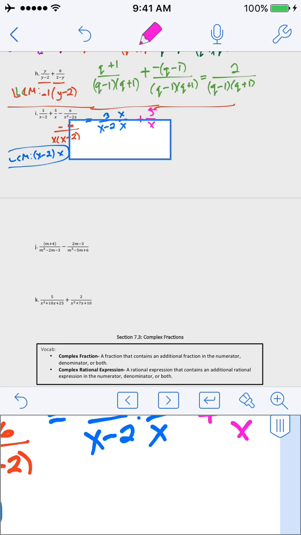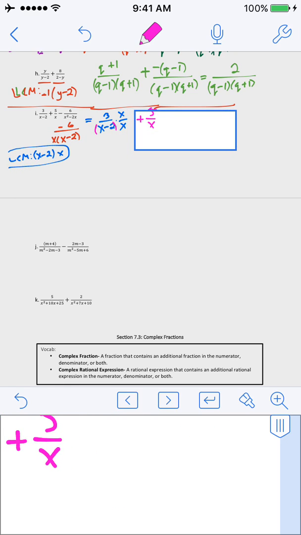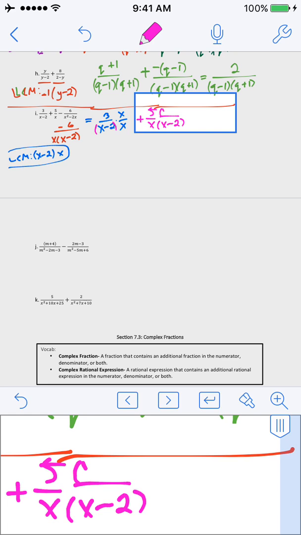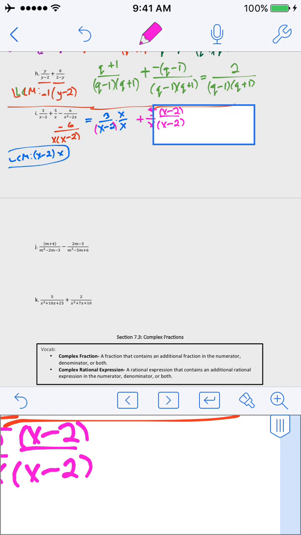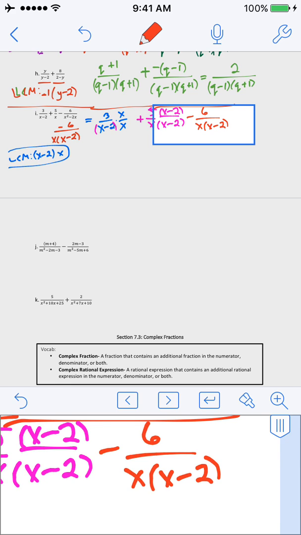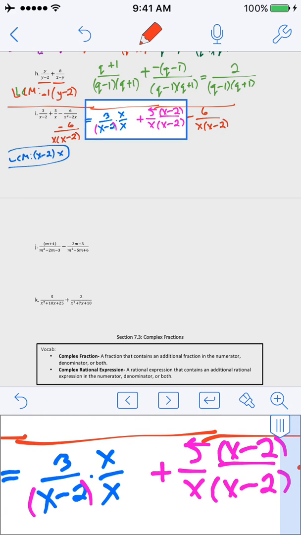I need that to say x minus 2 times x on the bottom, right? So what's missing is the x minus 2 part. So I'll multiply by that on the top and that on the bottom. The last one's not missing anything, so I don't need to actually multiply. I can just say minus x minus 2, right? Nothing's missing, so I don't need to multiply by anything.